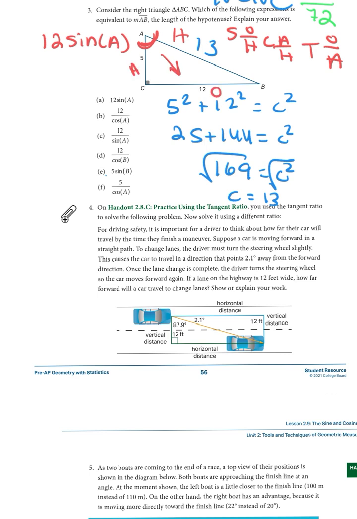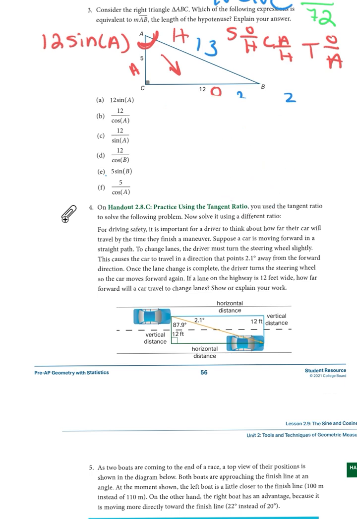So I'm going to replace sine A with 12 over 13, because O over H would be 12 over 13. That's how I'm getting that.